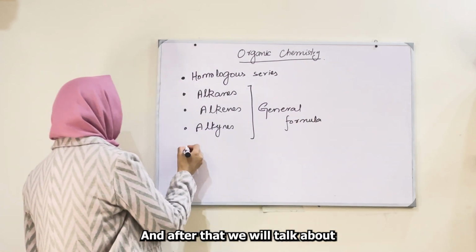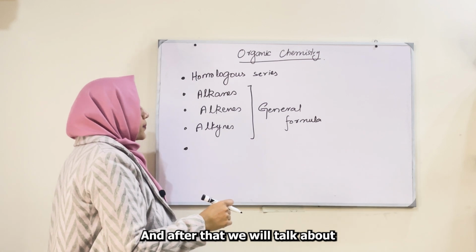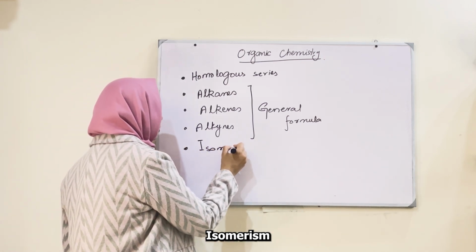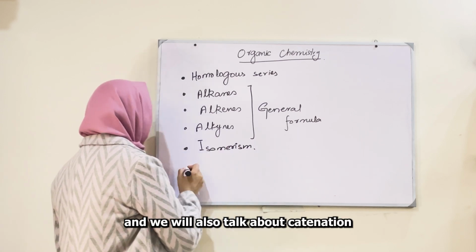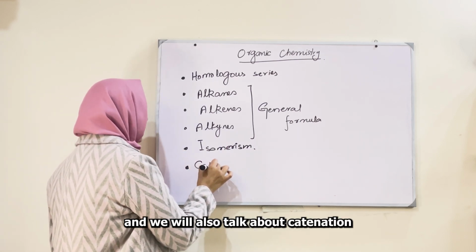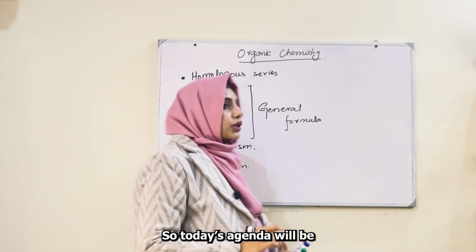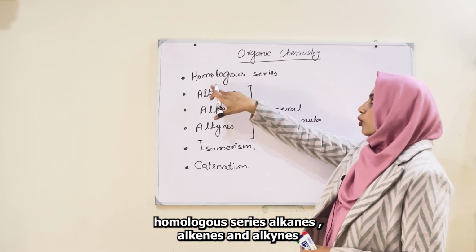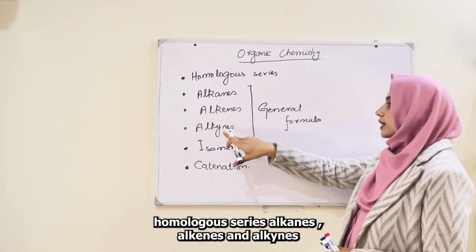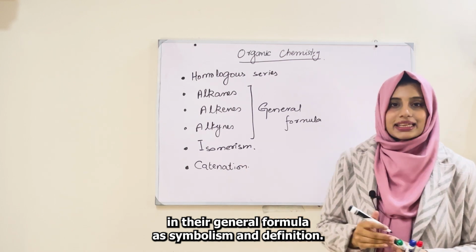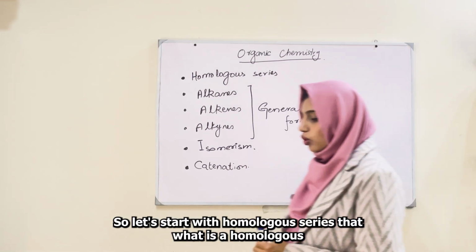And after that, we will talk about isomerism. And we will also talk about catenation. So our today's agenda will be homologous series, alkanes, alkenes and alkynes and their general formula, isomerism and catenation. So let's start with homologous series.